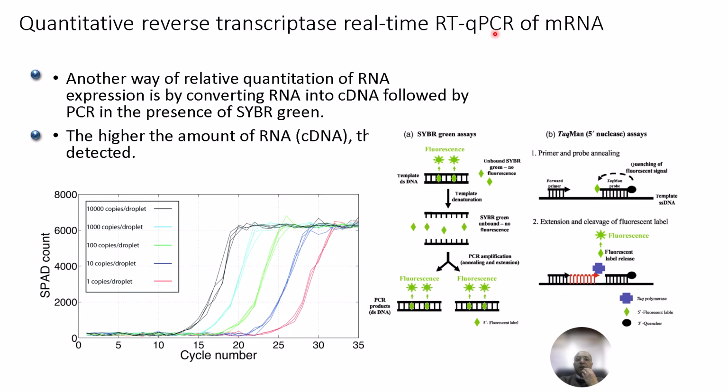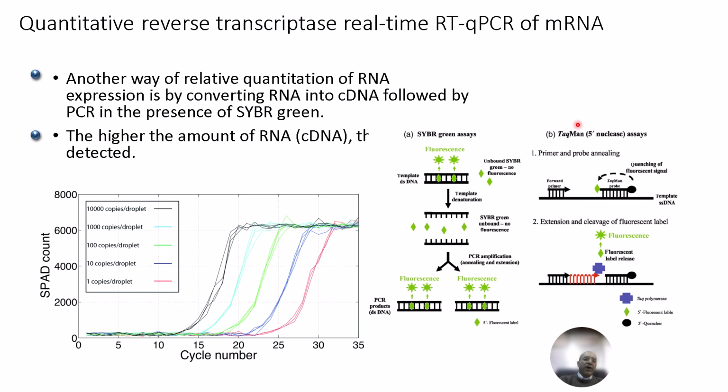So we're looking at the quantity, the amount of RNA in a sample. So what we do, again, we convert RNA to cDNA, and then we quantify the DNA using primers, just like PCR. And we use SYBR Green, by the way, or we can use the TaqMan technique as we described earlier.